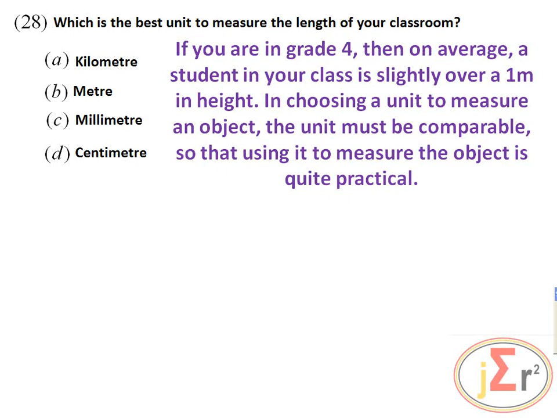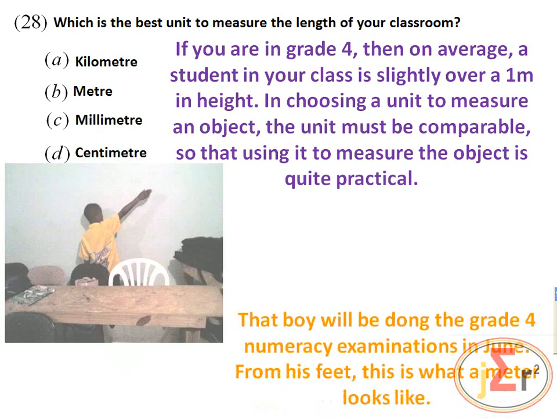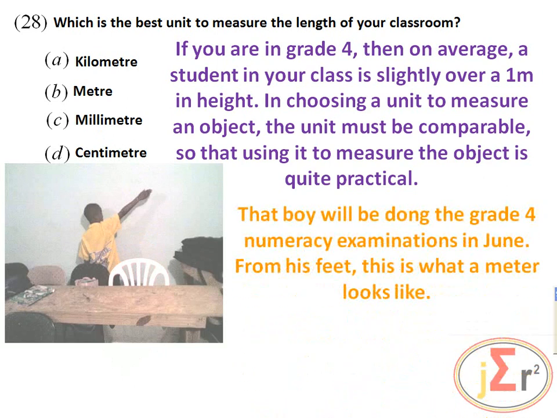It has to be practical if the unit of measurement is comparable to the length of your classroom, which is what is being measured. So if it is quite comparable, in order that it is practical, then it is an appropriate unit to be used. So there we have a student standing, a boy, at the back of the class.